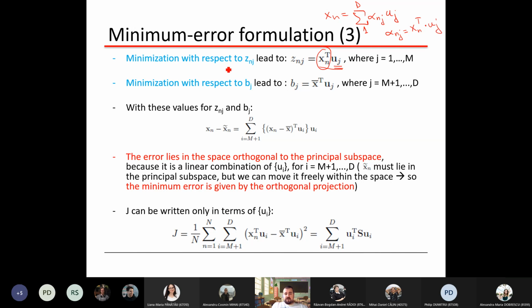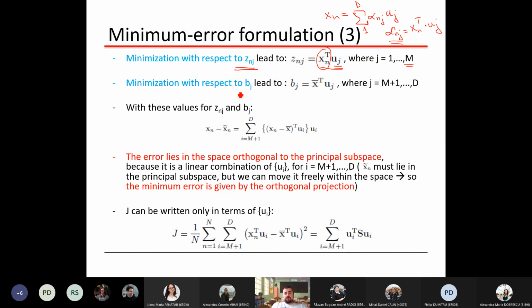And what we get after minimization of the error with respect to z_nj is that z_nj actually equals alpha_nj. So for those directions, for those m dimensions that I'm allowed to use, we will use exactly the projection of the point on the basis vector that we get.